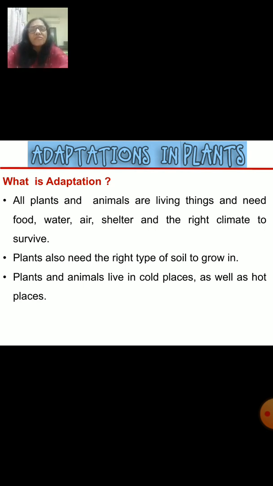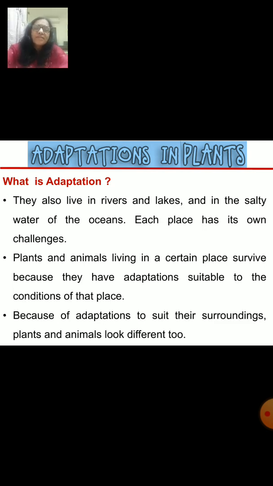Similarly, different kinds of animals are found in different types of regions. Different kinds of plants and animals are seen. Some live in rivers, some in lakes, some in the salty water of the oceans. Each place has its own challenges.